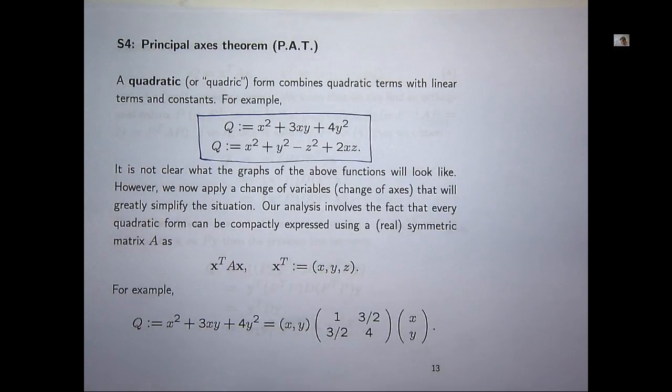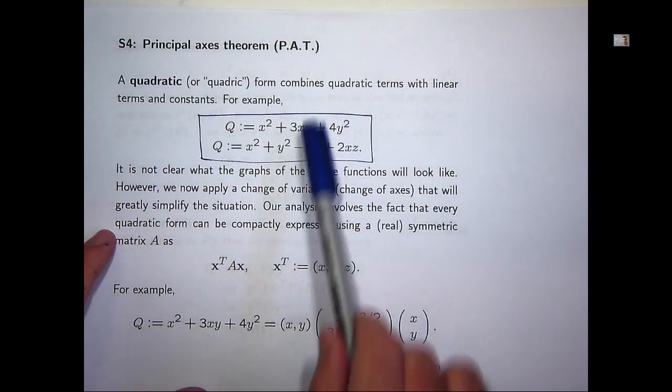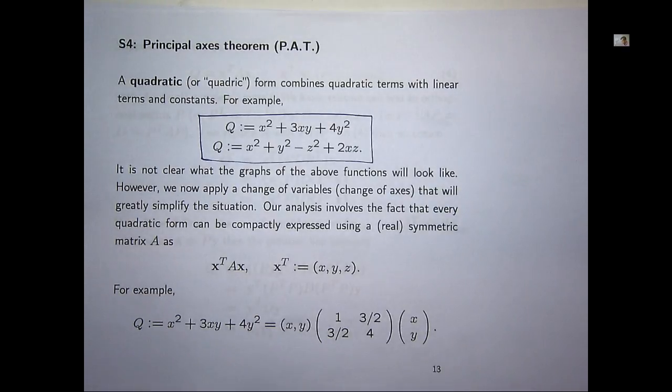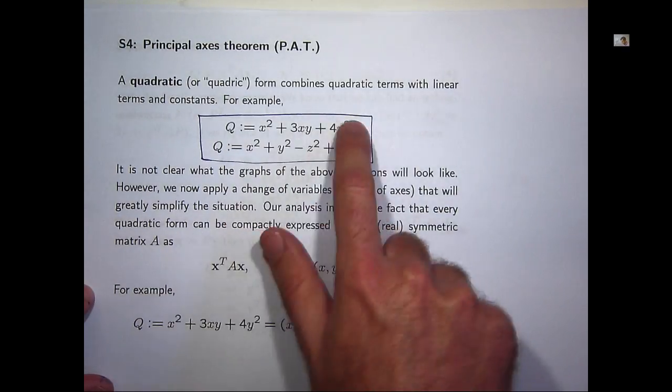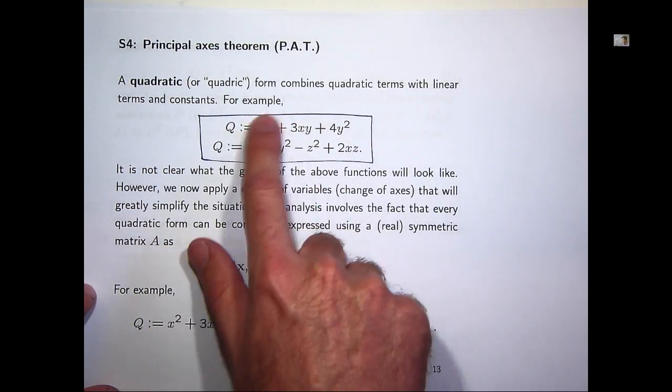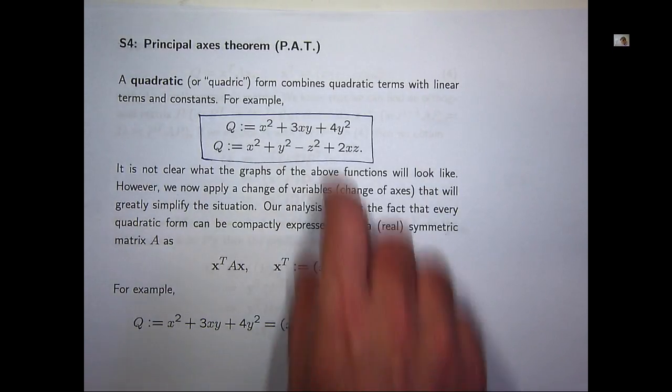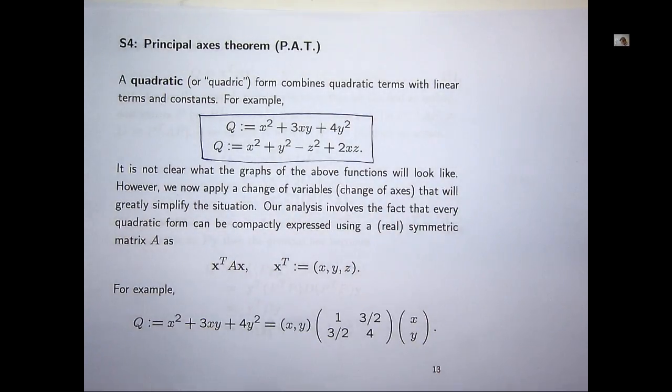Just as some motivation, look at these functions here. What would the graphs of these functions look like, or what would the surfaces look like? Even for this one, it's still really hard, just working in the xy plane here, right? What we're going to do is use these matrix methods to actually simplify these expressions a lot.